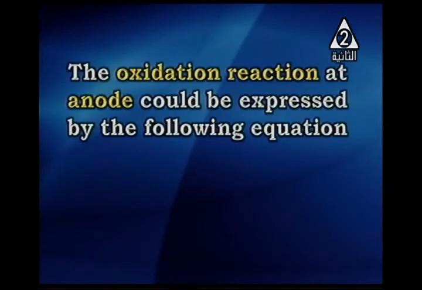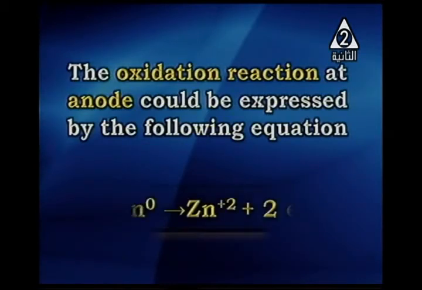After that, the oxidation reaction at the anode could be expressed by the following equation. Here we have a very important part. In your exam, I need you to write the equation and to know which one is anode and which one is cathode.